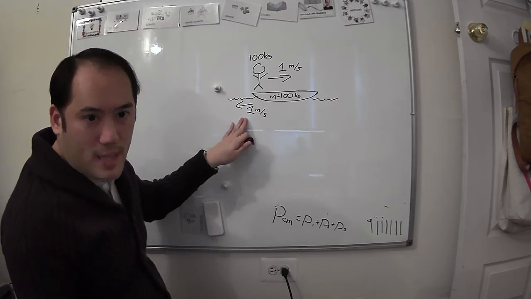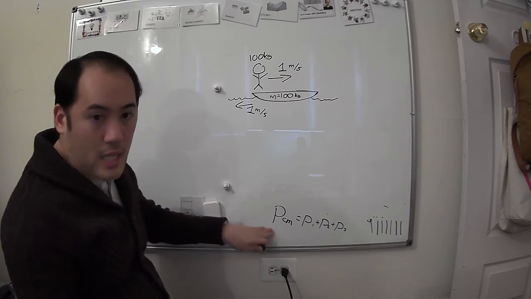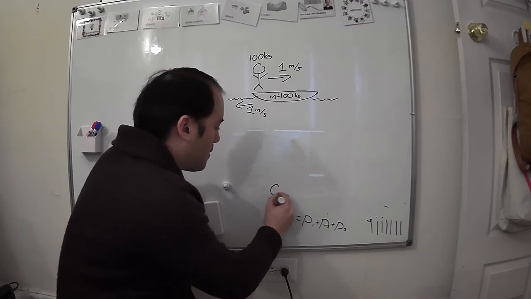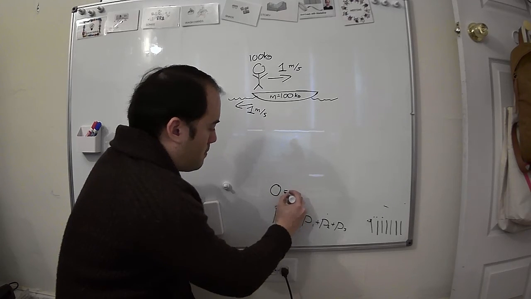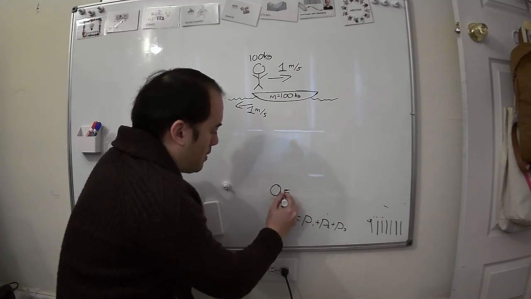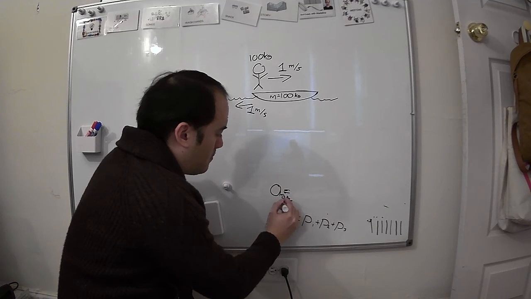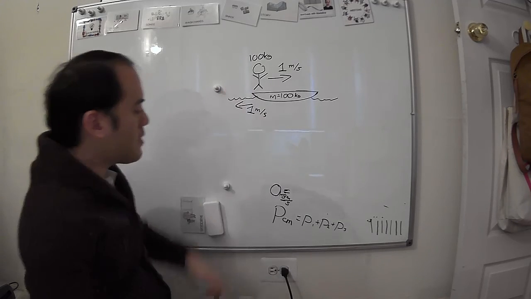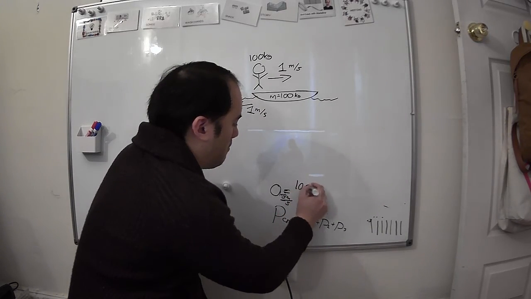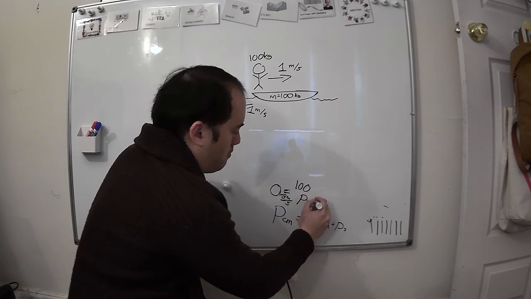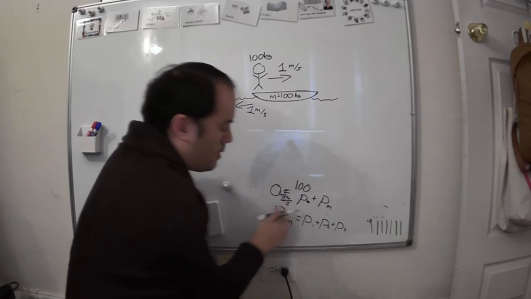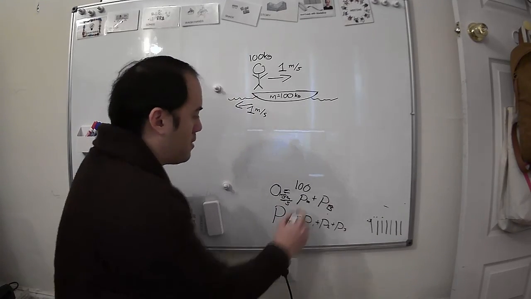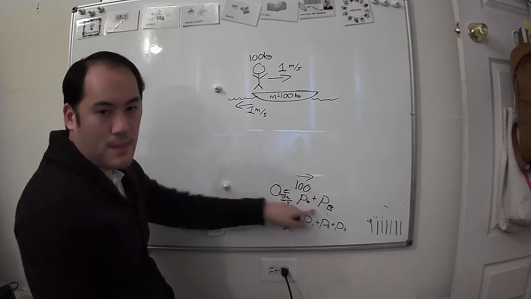How do I know it's 1 meter per second? Because I know physics. The initial momentum of the boat and person system is 0 kilogram meters per second, or Newton seconds is also fine. If the man's momentum is 100 kilogram meters per second to the right, PM is man, PB is boat. 100 to the right plus something equals 0.